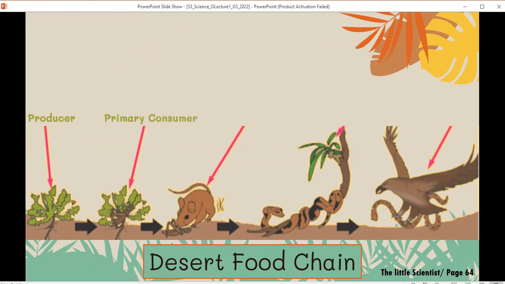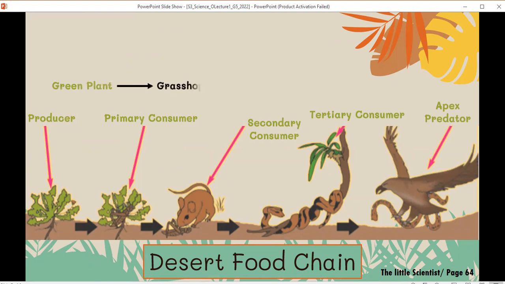The primary consumer is eaten by the secondary consumer. The secondary consumer is eaten by the tertiary consumer. And we have at the end, the apex predator. It doesn't get eaten by anyone. The green plant is eaten by the grasshopper. The grasshopper is eaten by the mouse, is eaten by the snake, is eaten by the hawk.